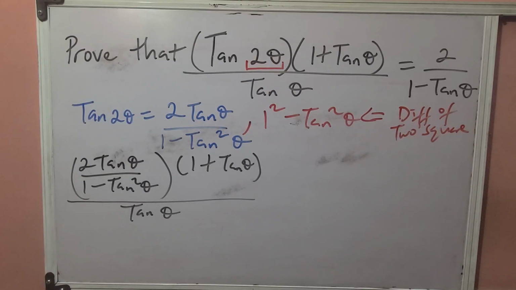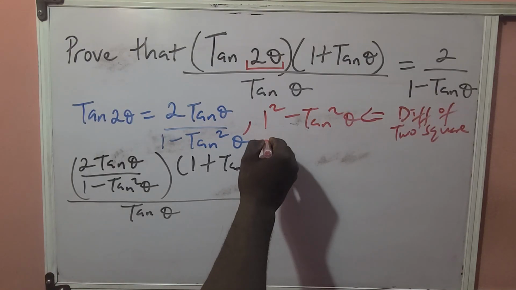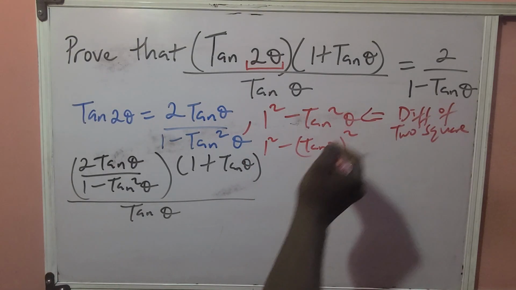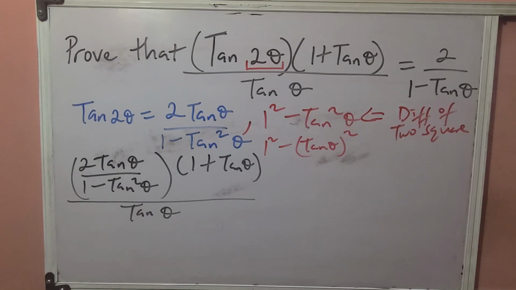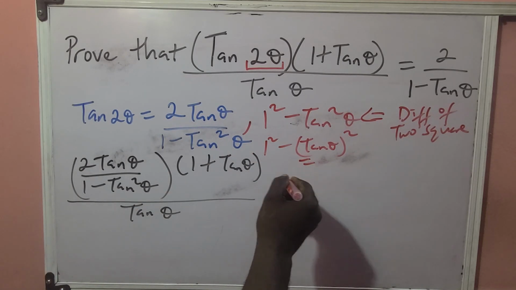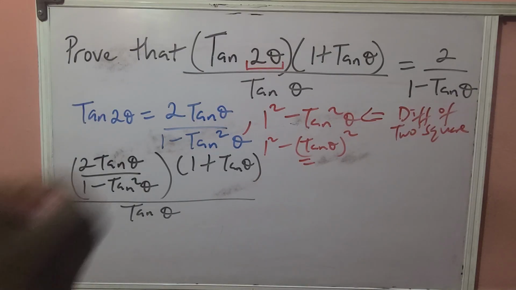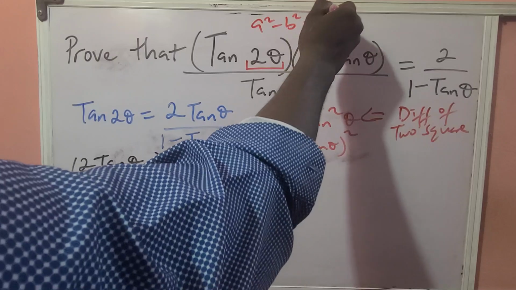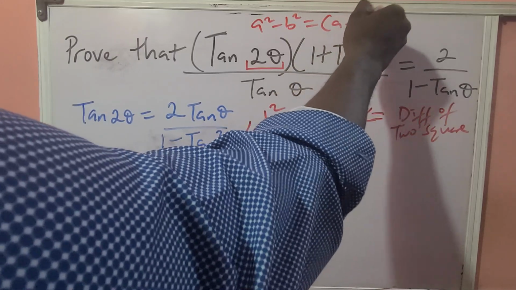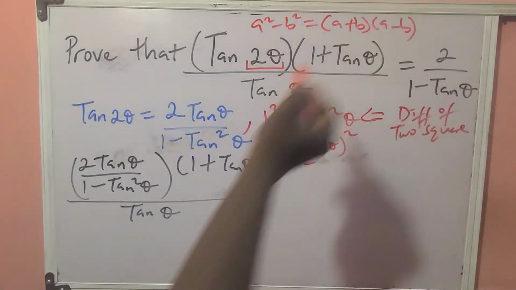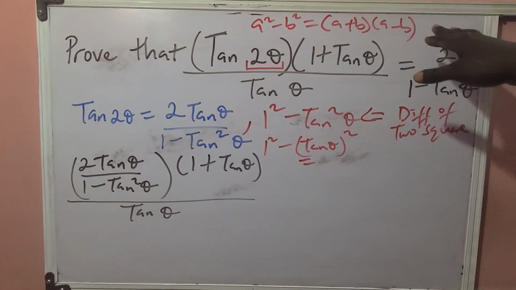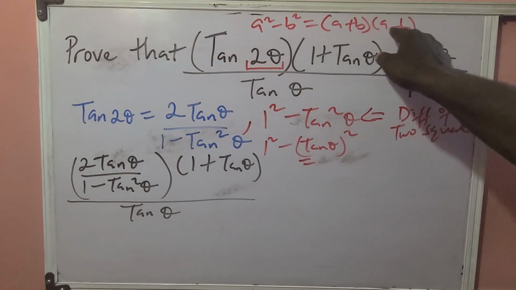Because you can see that we have 1 square, minus tan theta all square. I told you already that tan square theta is the same thing as tan theta all square. So if you remember the equation for our difference of 2 squares, we are told that a square minus b square will be equal to a plus b times a minus b. So this is the general formula for our difference of 2 squares.